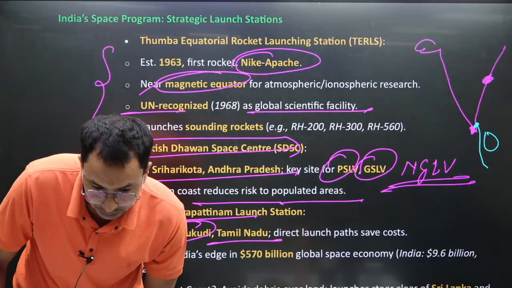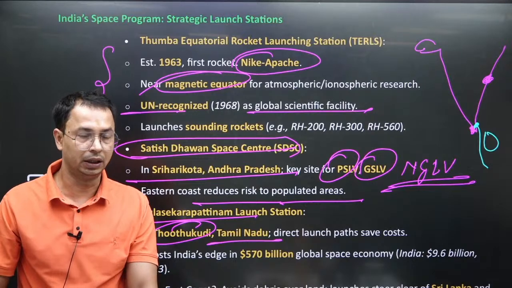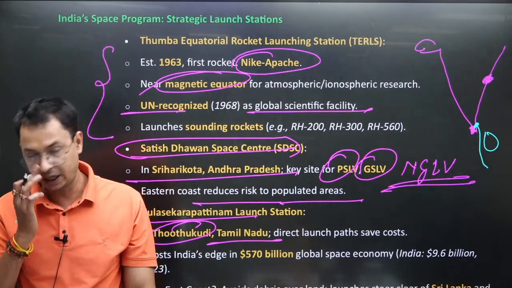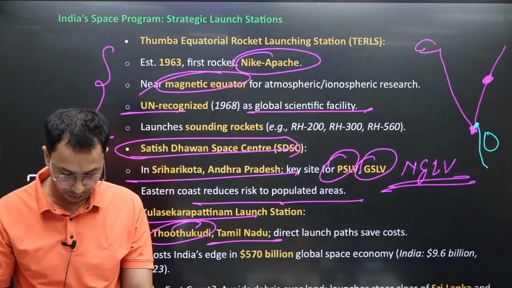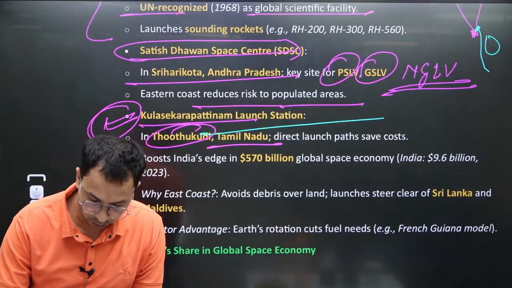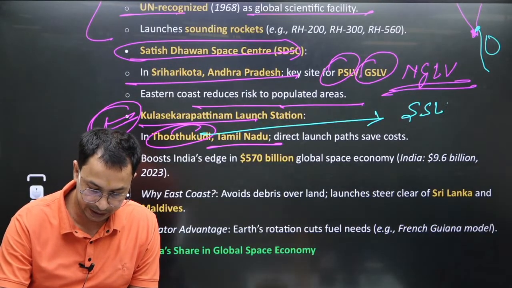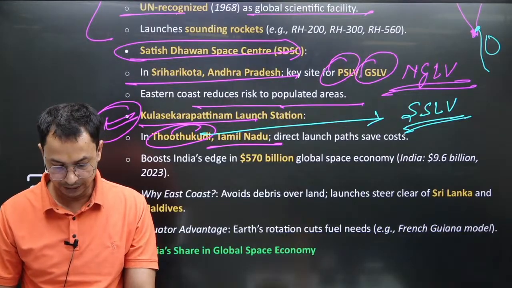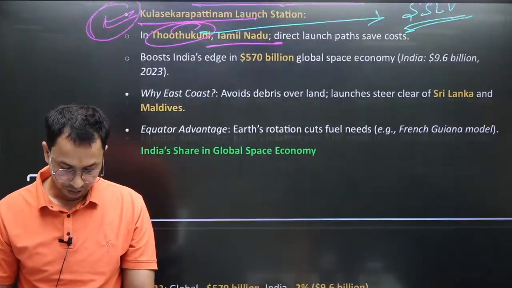So it will avoid the maneuvering over Sri Lanka. This will save our fuel cost, and the share of ISRO in the space economy will increase. This was the reason, and from Tuticorin we will launch SSLV, the Small Satellite Launch Vehicle.